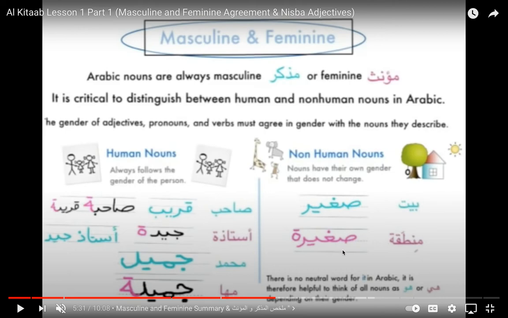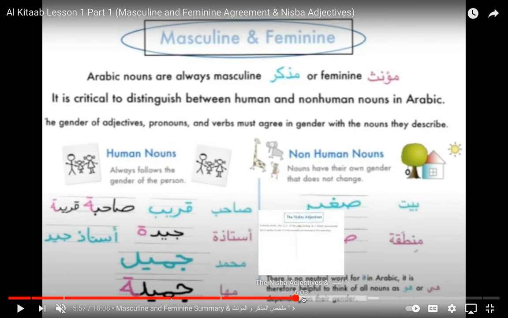Okay? So keep in mind that it's not like in English where, when you talk about things, you cannot refer to them as she and he, so you would use the neutral pronoun it. No, in Arabic, we have huwa, we have hiya. Okay?